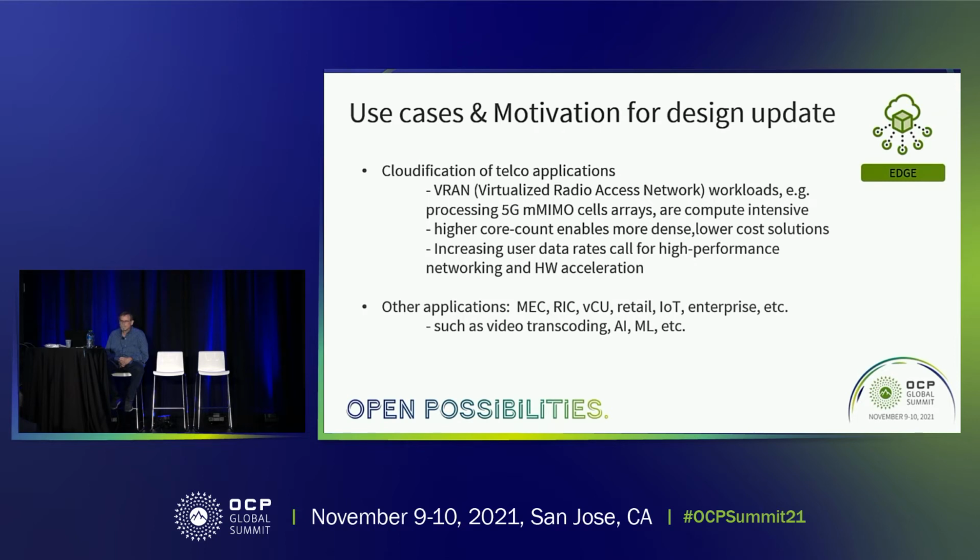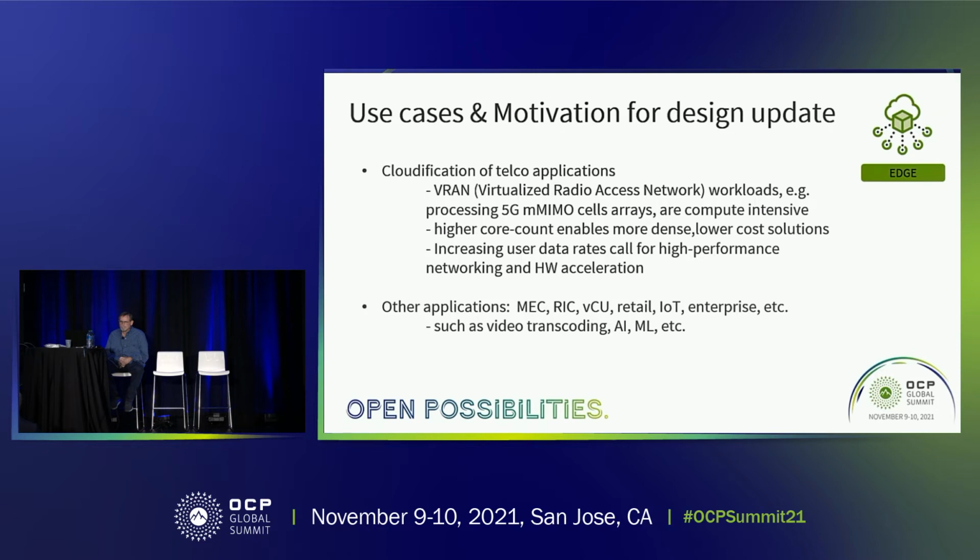Certain vRAN workloads are more efficiently processed using a hardware accelerator. Support for high bandwidth networking and hardware acceleration require the server to provide the needed expansion slots, power feed, and cooling.